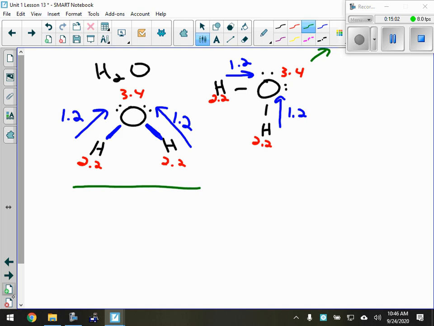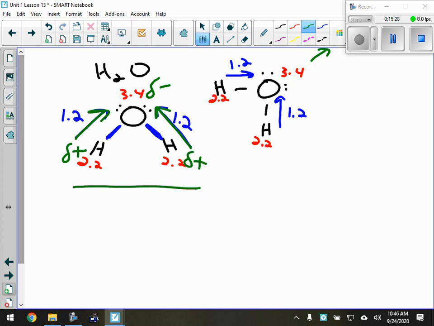What's going to happen is because this force is pulling this way and this force is pulling this way, all the electrons are going to get pulled towards oxygen. So we get a partial negative charge, and we're going to get a partial positive end to this molecule down here, and one down here as well.